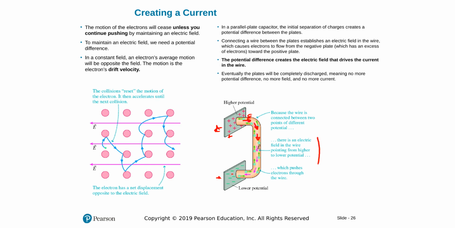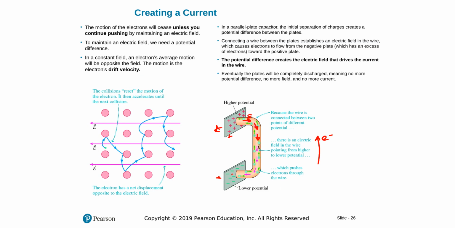So electrons move in this direction, but if we want to consider current again, current will be in that direction here. So conventional current is always in the same direction as the electric field.